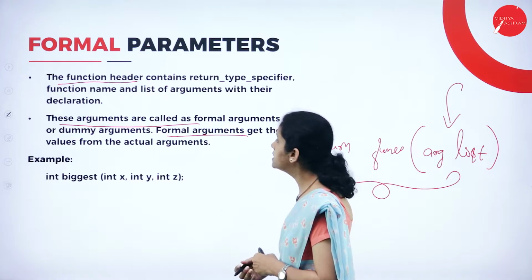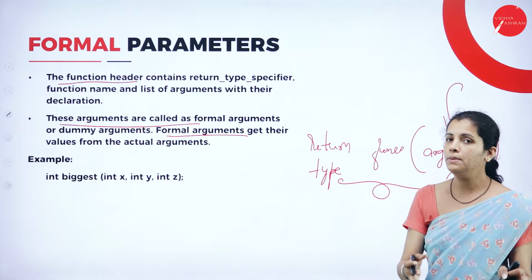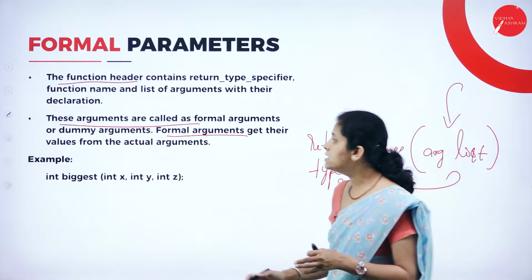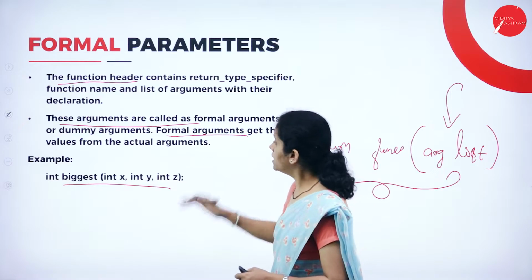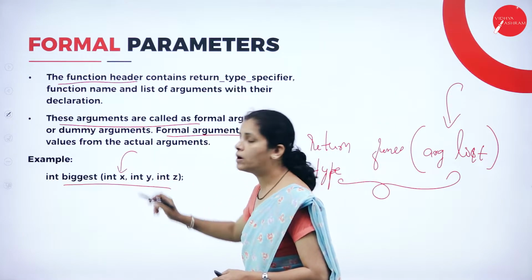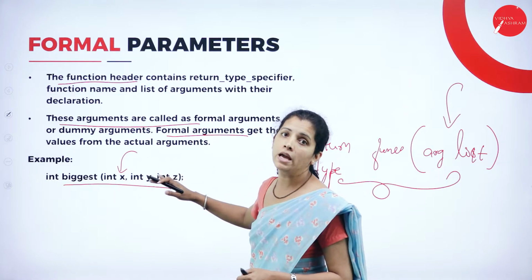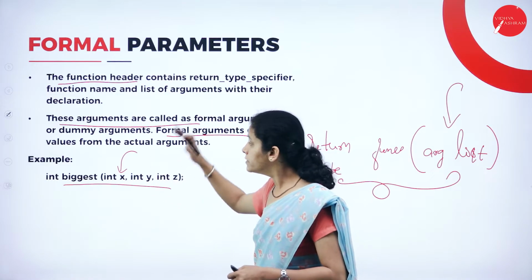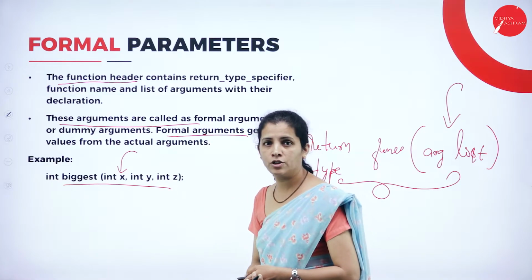formal arguments get their values from the actual arguments. That means when I define this statement in my program, whatever variables I have, all these variables are dummy variables, and they're going to get their values from the calling function.